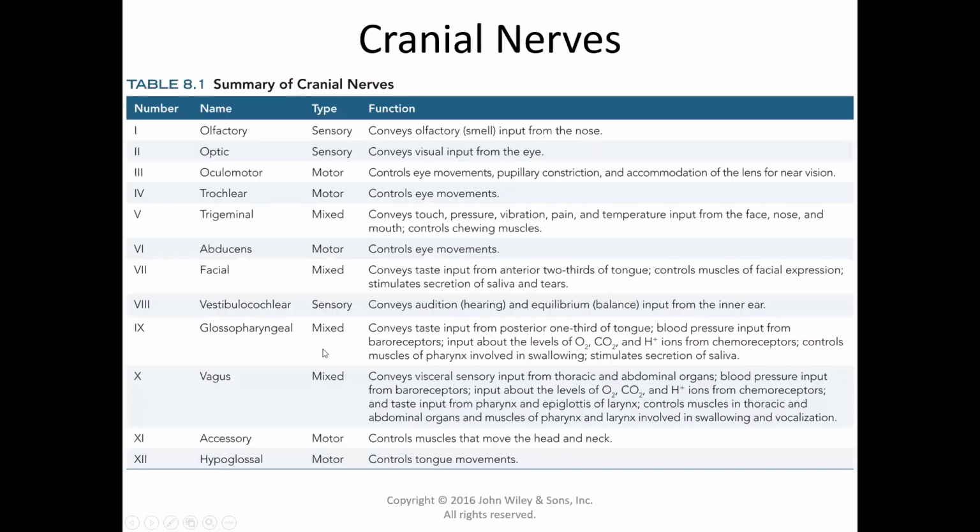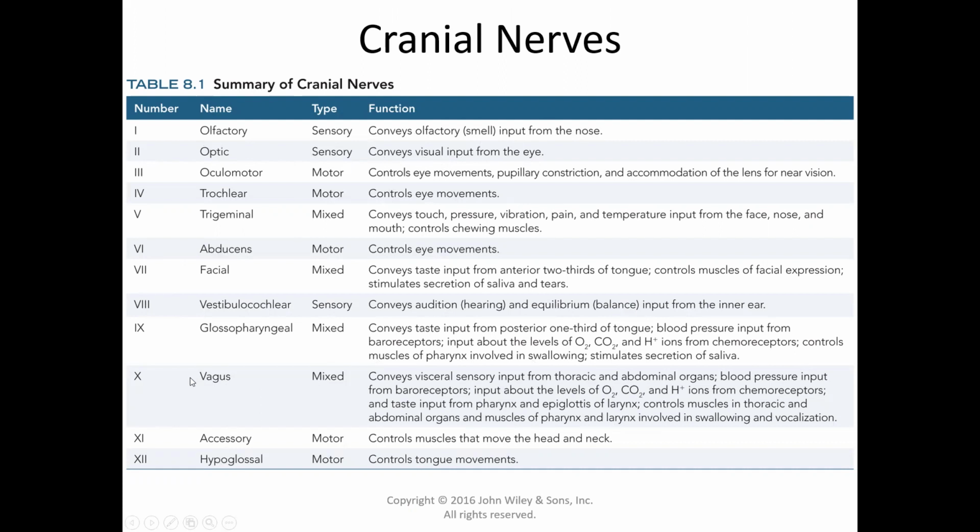Okay. Here on our final slide is table 8.1 that summarizes each of those pairs, gives you their number, gives you their special name, tells you whether they're sensory, mixed, or motor, and then a brief description of what they do. Okay. Some of them pretty easy: olfactory, sense of smell; optic, visual input, so that sense of sight.